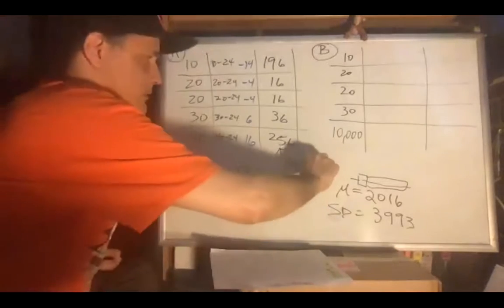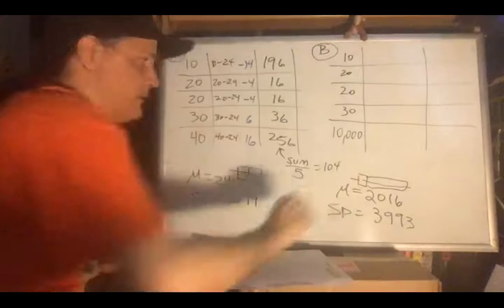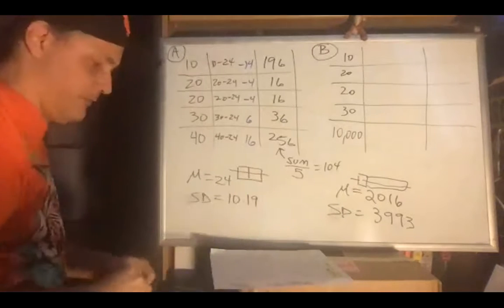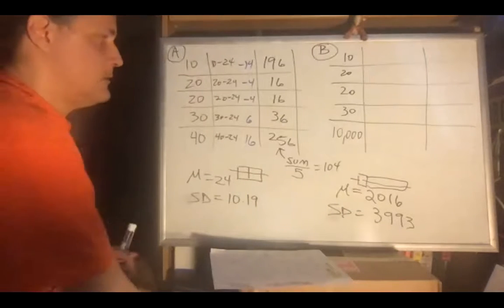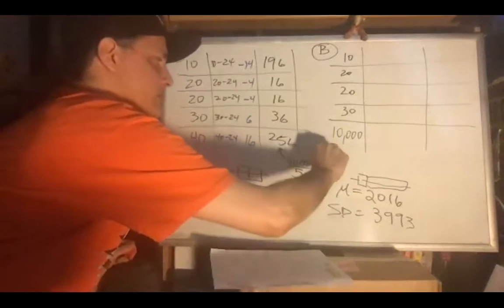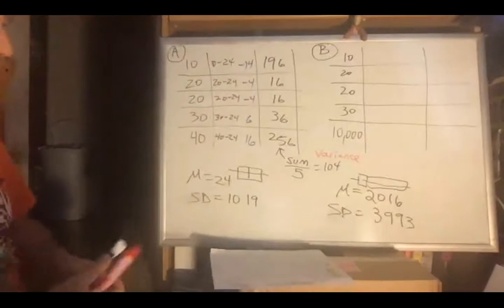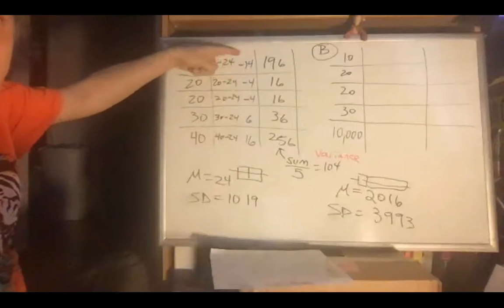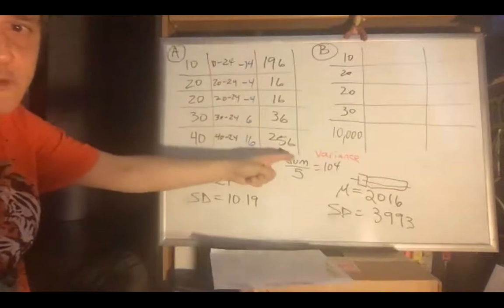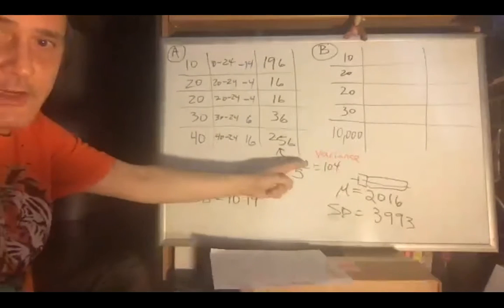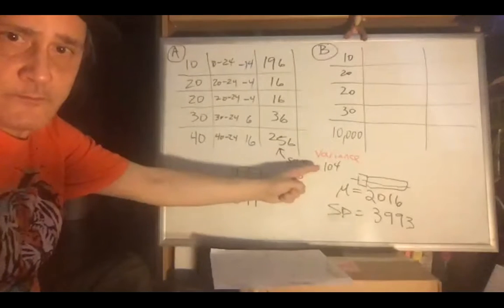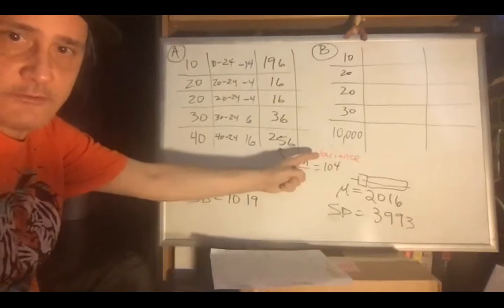Okay, and that would be 104 rather. Now that's called variance. So this 104, that's called variance. Since we had to square the numbers to make them all positive, we use that to get our average, so we call that variance.